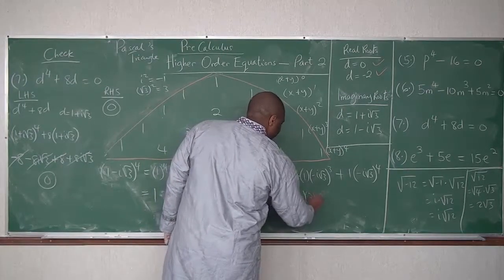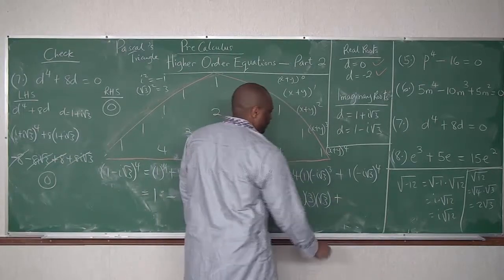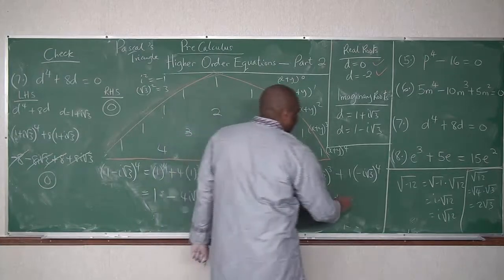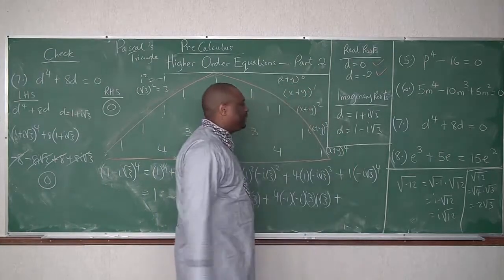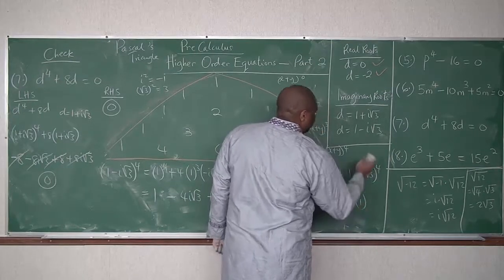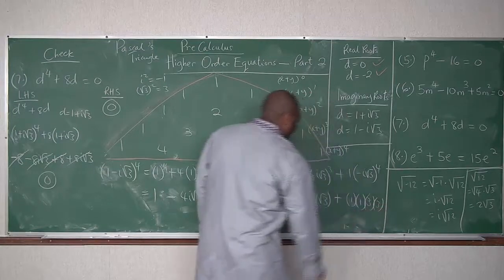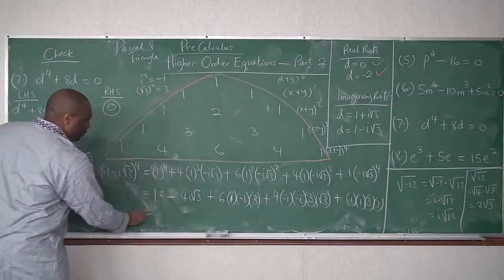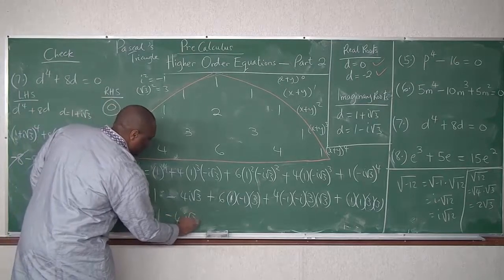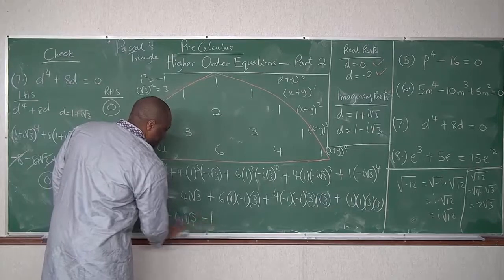Then plus negative 1 all to the 4 is 1. i to the 4 is 1. Then root 3 all to the 4 is 3 times 3. Okay, folks, what do we have now? We have 1 minus 4i root 3 minus 18. This is now minus 18.